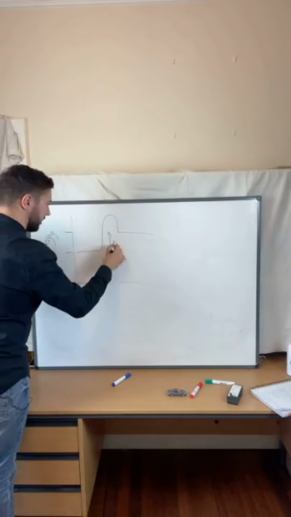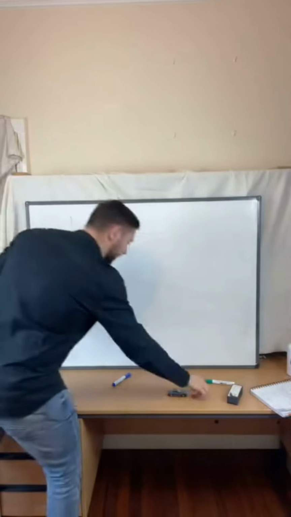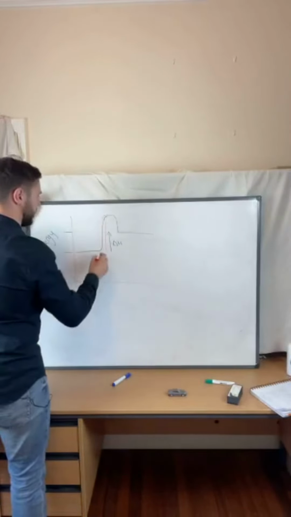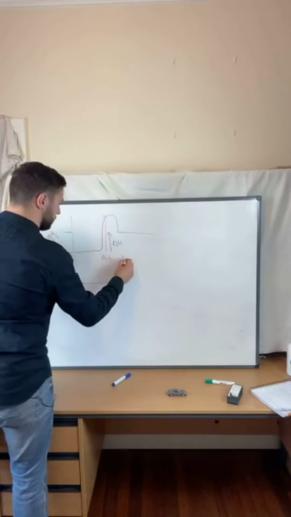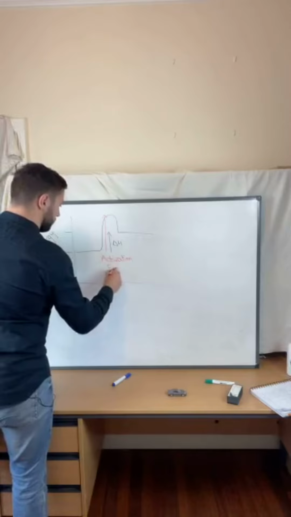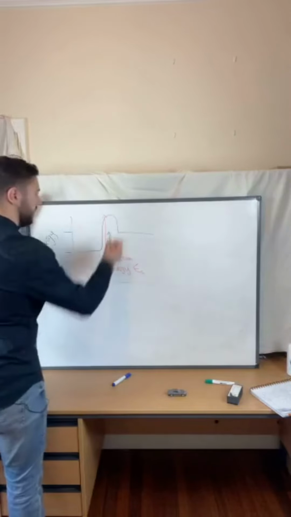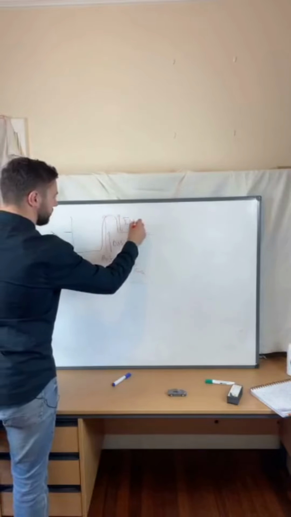Okay, so that would be your delta H. Okay, this whole thing, this is what we call activation energy. Shortcutted as EA. Okay, and this here will be the energy released.